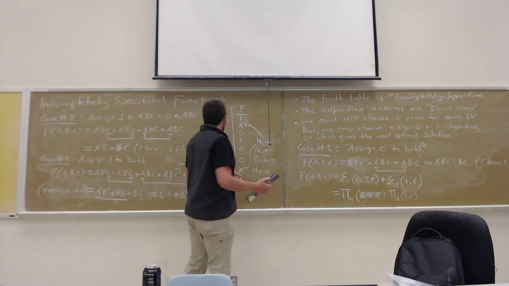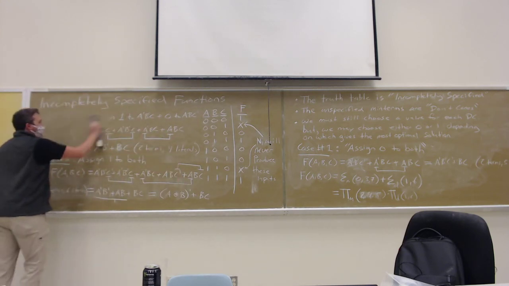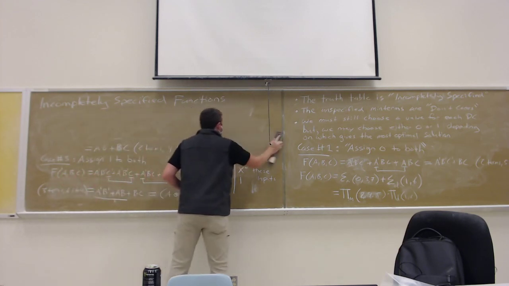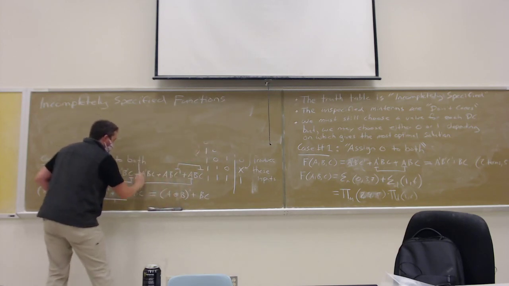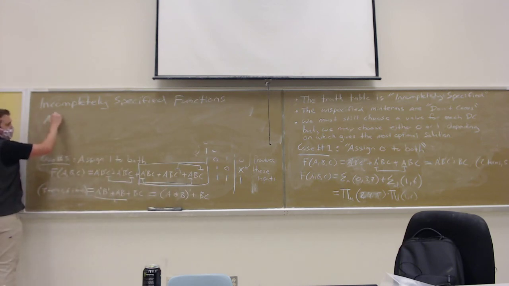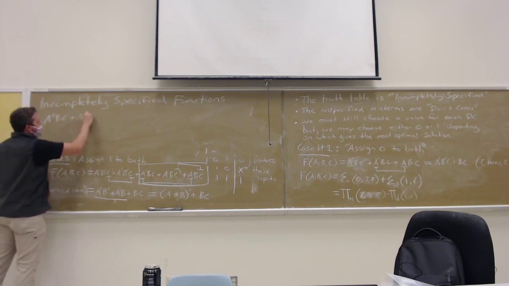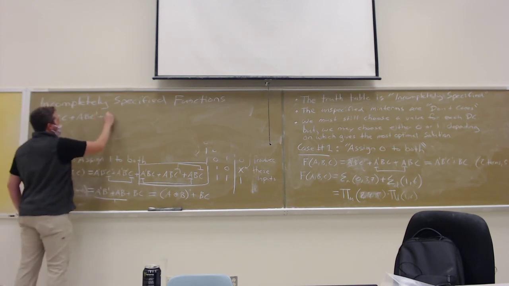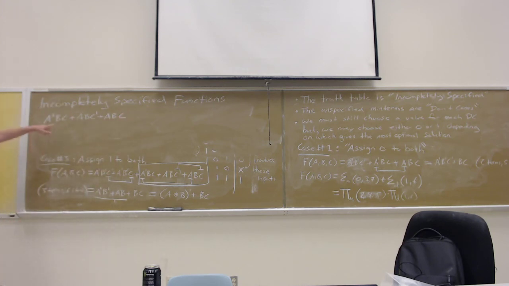And a longer way to look at it, let me erase this top half, and I can illustrate it real quick, because it actually has to do with the first thing that we talked about today. The terms in question are these guys: A prime B C, or A B C prime, or A B C. And I'm saying I want to use ABC to eliminate both of these guys.